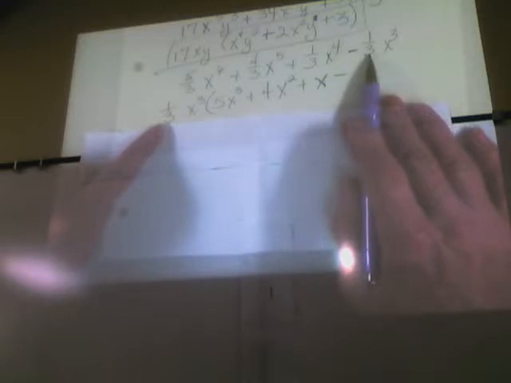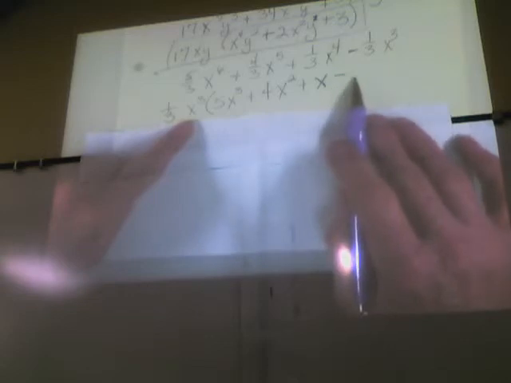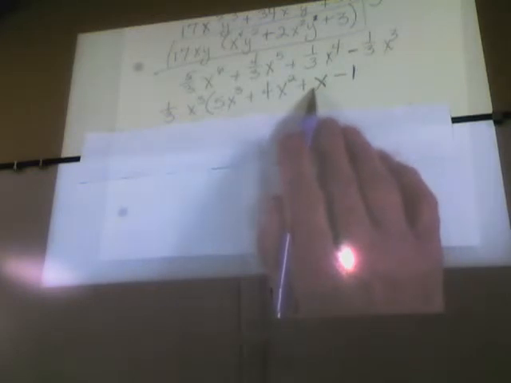Now we need the minus. We don't need any 1/3s, and we don't need an x to the 3rd power. So what are we going to put here? 1. We need to go ahead and put the 1 here. We didn't have to put it in the other place because the x automatically would have a 1, but you do have to have it even if the term is just 1.